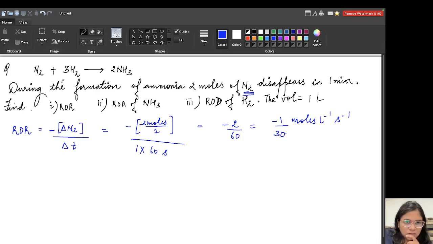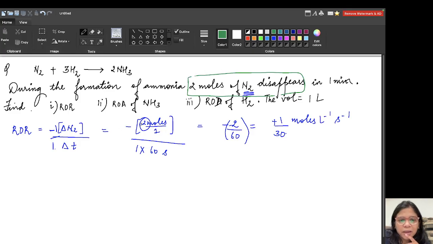Because on this side you have minus 1 by 1. 2 moles are disappearing, so minus of minus 2 by 60. So this will become plus 1 by 30, right? Let me check. During the formation, 2 moles. Yeah, here is the hint. 2 moles of N2 are disappearing, which means minus of minus 2 by 1 divided by 60, which is equal to plus 1 by 30.